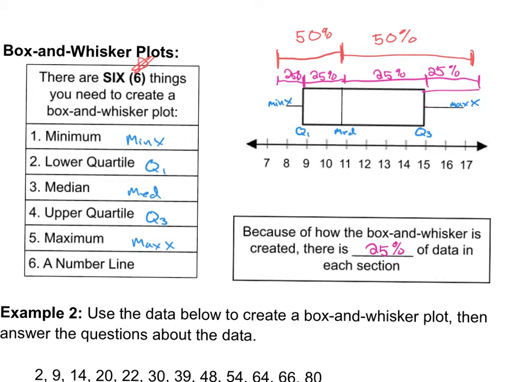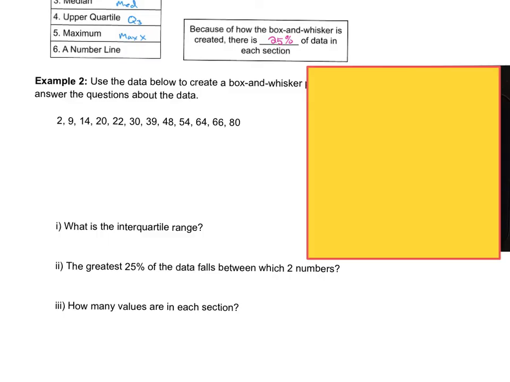All right, so let's expand out here and take a look at example 2. The first thing we're going to need to do is take a minute to pause and put all of these numbers into list 1. That way we can go into our one variable stats, and we're going to collect those 5 things we need. So take a minute to pause and do that now.